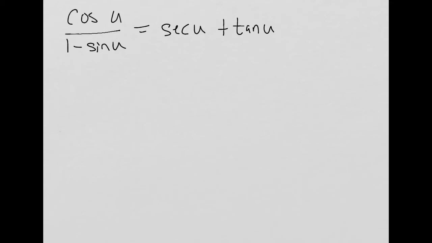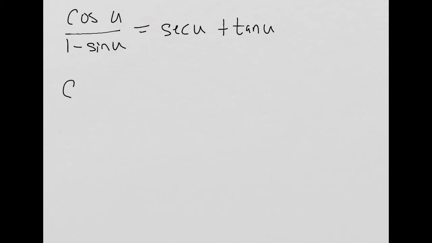Now I claim this as an identity: one side is actually equal to the other. When you're being asked to prove these identities, you want to substitute or simplify the expression using known identities to prove that these sides are equal. A lot of the time, and what I'll be proceeding with here, I'll take this side and just leave it alone. I'm just going to mess with this side and see if I can turn it into this one.